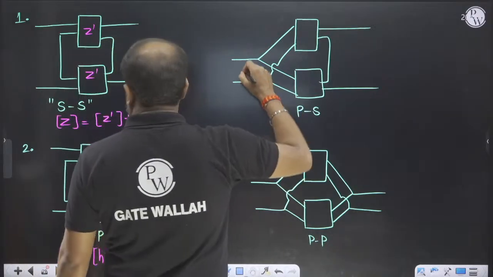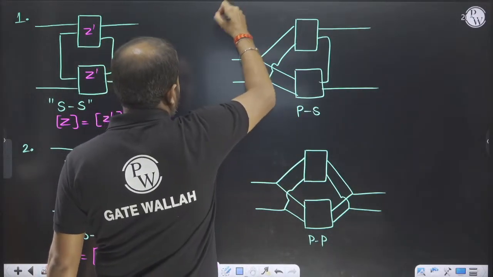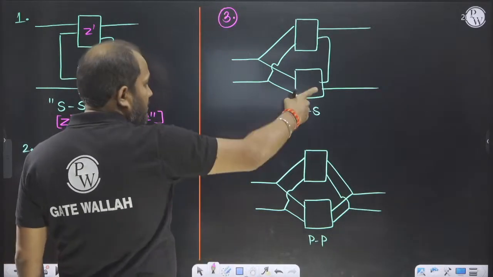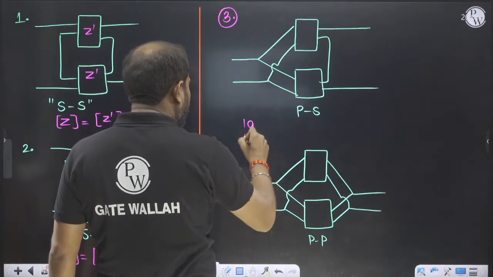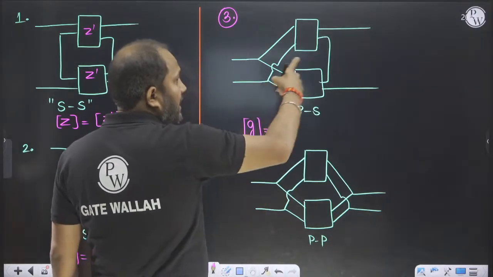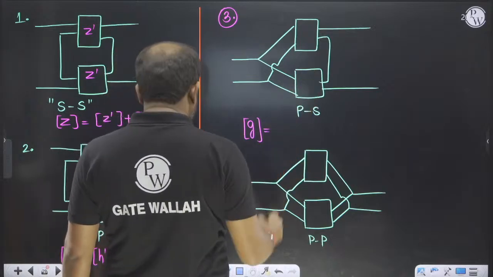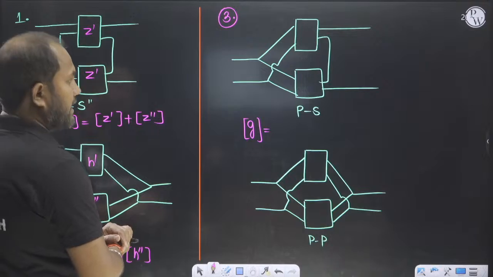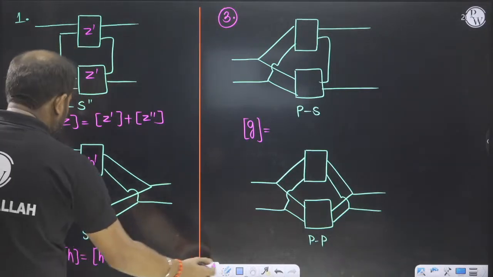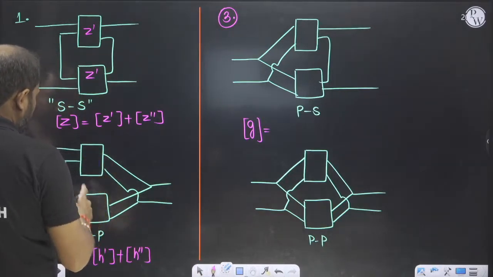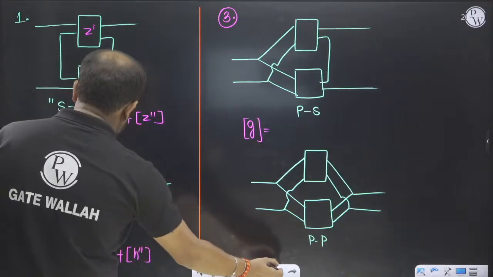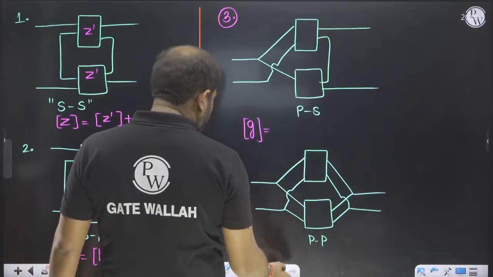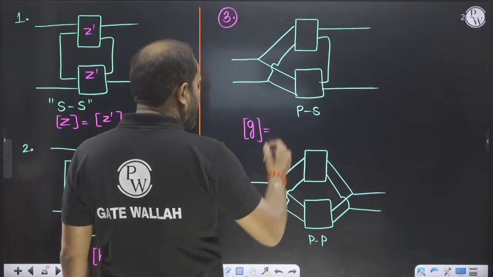In parallel series, the current I1 and V2 will be divided, so G parameter. I1 and V2 are divided, so G parameter.